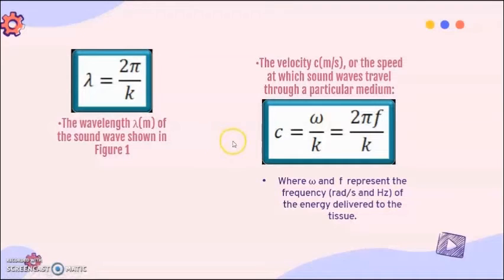Next, to find the velocity c, in meters per second, or the speed at which sound waves travel through a particular medium, we use the formula c equal to omega over k, or 2 pi f over k, where omega and f represent the frequency, in radians per second and hertz, of the energy delivered to the tissue.